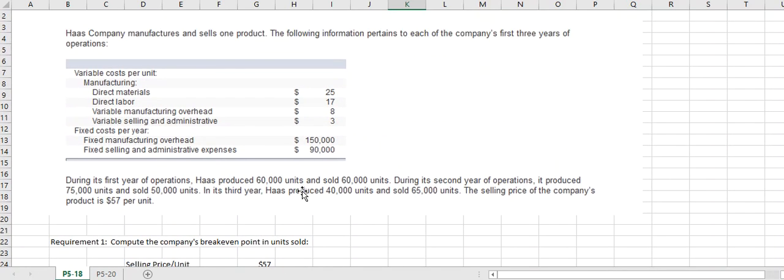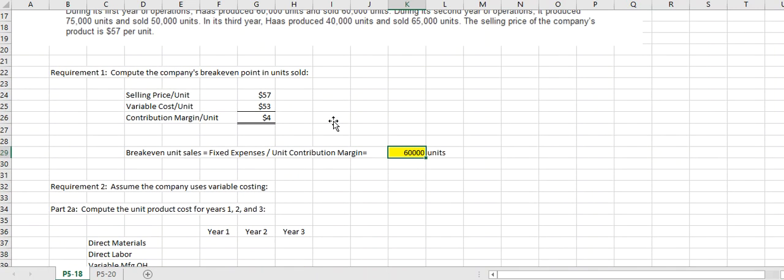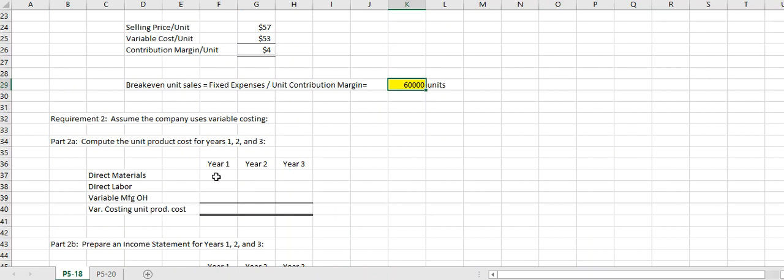Direct materials is $25 per unit, direct labor is $17 per unit, and variable manufacturing overhead is $8 per unit. So I'm going to go down here and plug those in. 25, 17, and 8. That is all given in our instructions. So we add those together. That tells us what our variable cost is per unit.